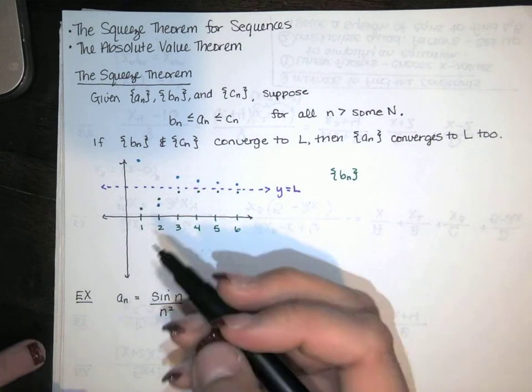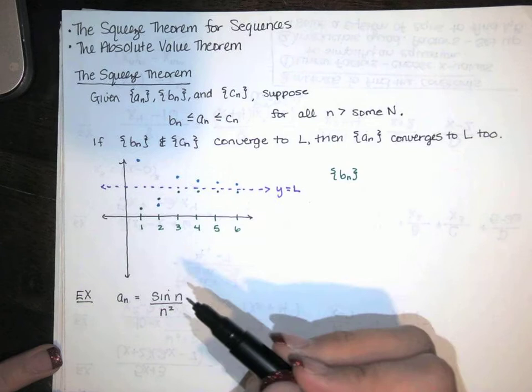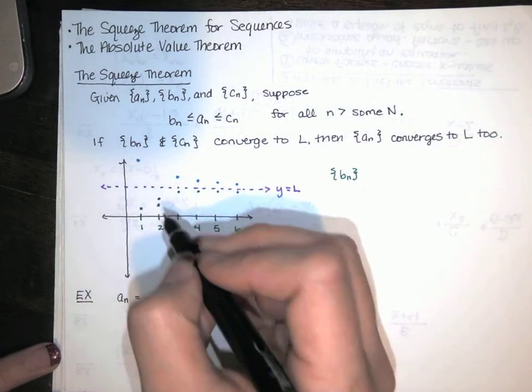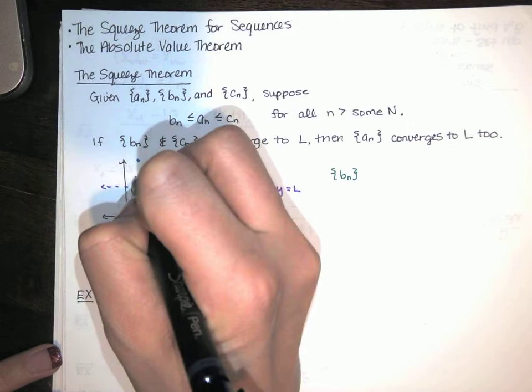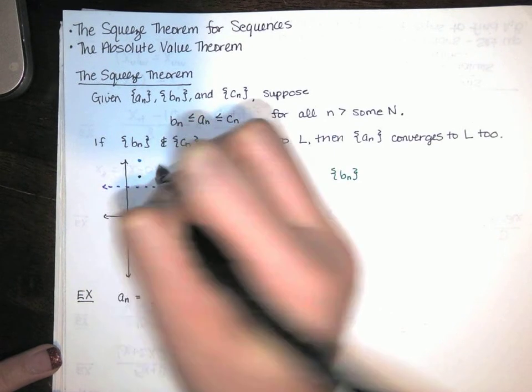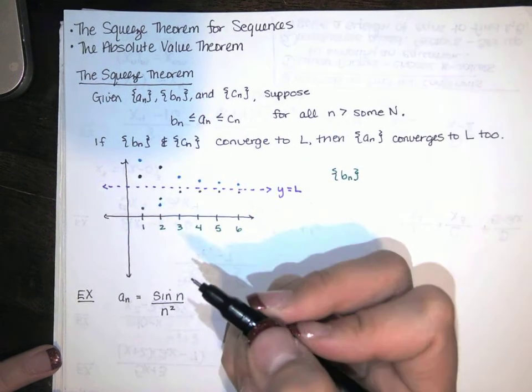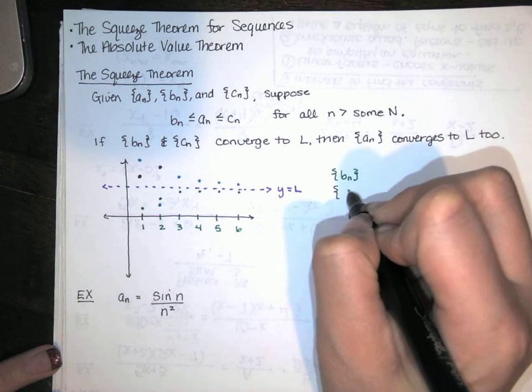Then, if our sequence A sub n lies in between these two for n greater than some n, maybe it's n equals 3. I'm going to use the big black dots to represent the sequence A sub n.